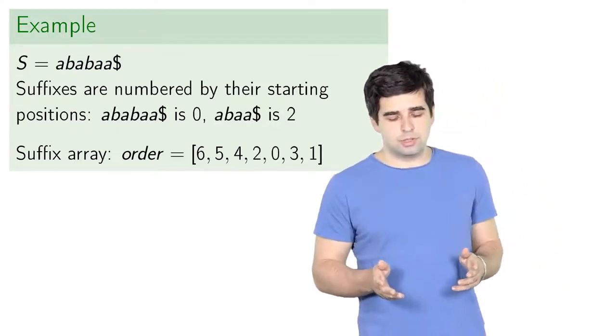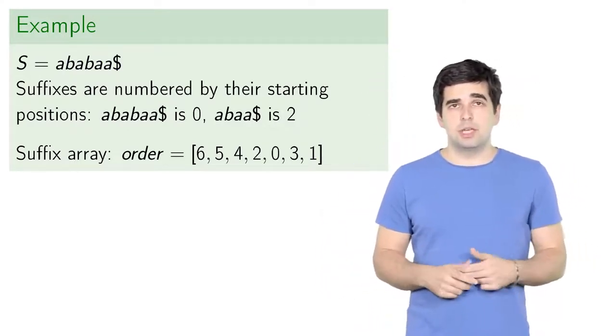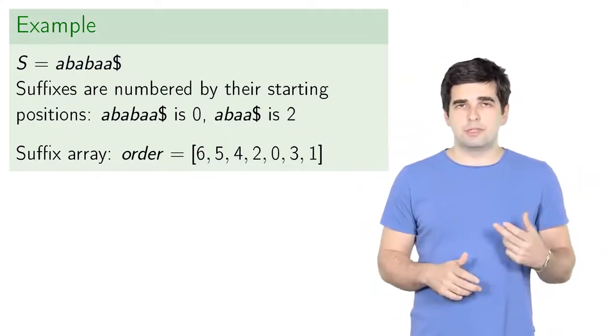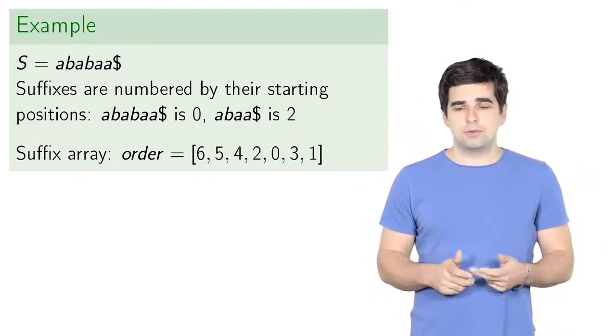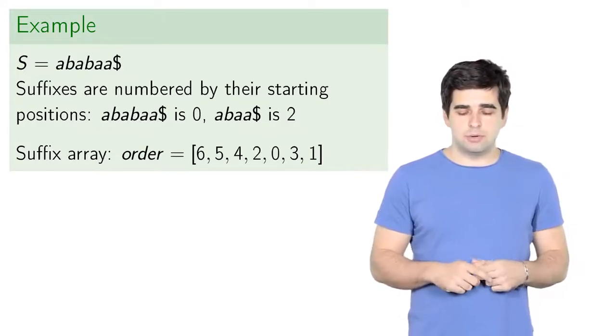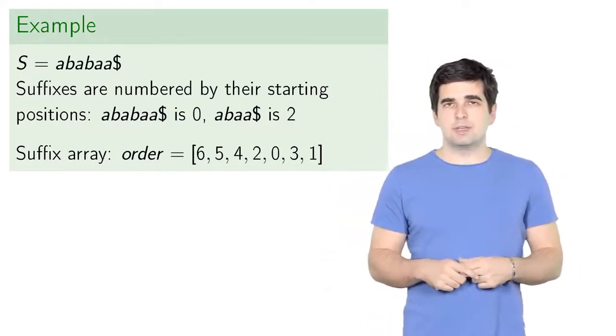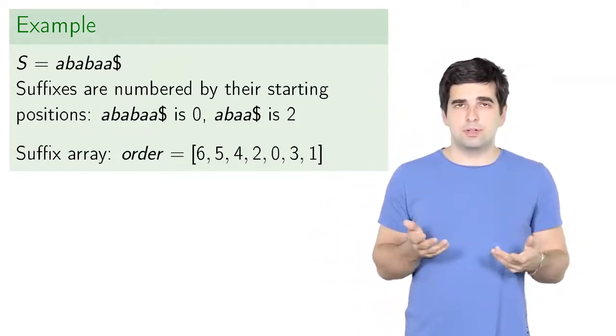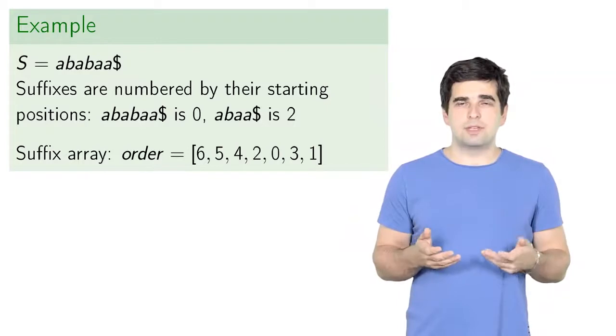And we don't store the suffixes themselves. However, if we need to look at, for example, the third character of the second suffix in order, we can first go into the array order, find out which suffix is number 2, and that will be the first position of that suffix in the string.